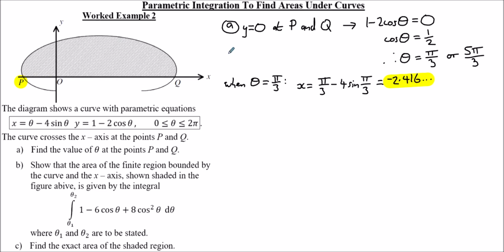And then the other one, theta is going to be 5 pi over 3. That gives x as being 5 pi over 3 minus 4 lots of sine 5 pi over 3, which again we can work out in a similar way as before.